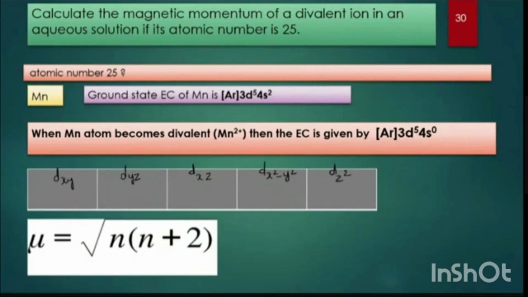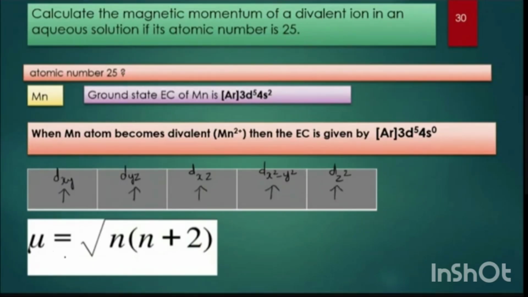So here, how many electrons do we have in the 3d orbital? We have 5 electrons. So now we place one electron in each of these 5 degenerate d orbitals. The first electron goes here, then the second, the third, the fourth, and this is the fifth electron.